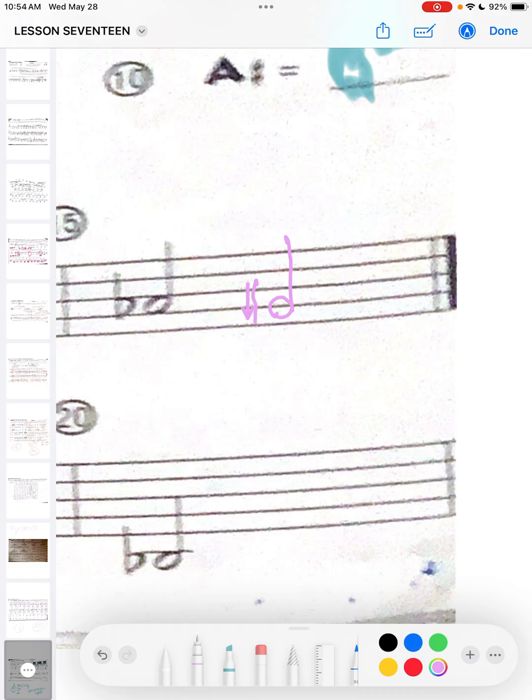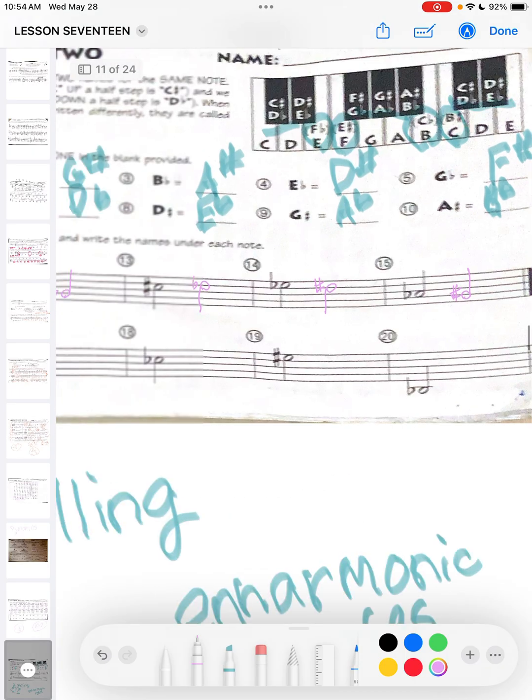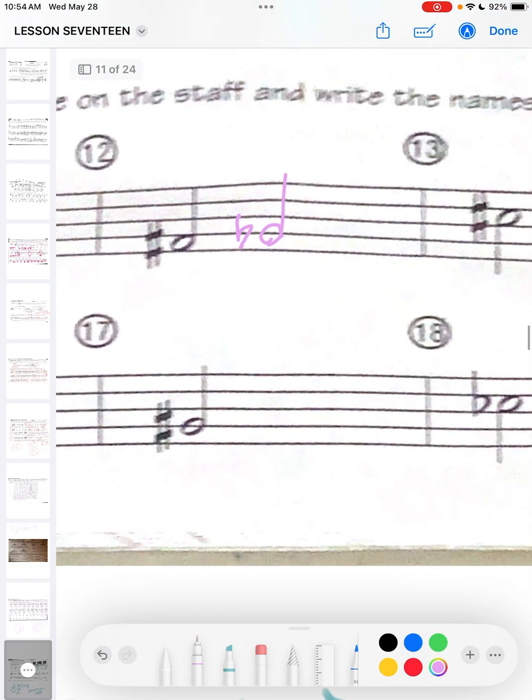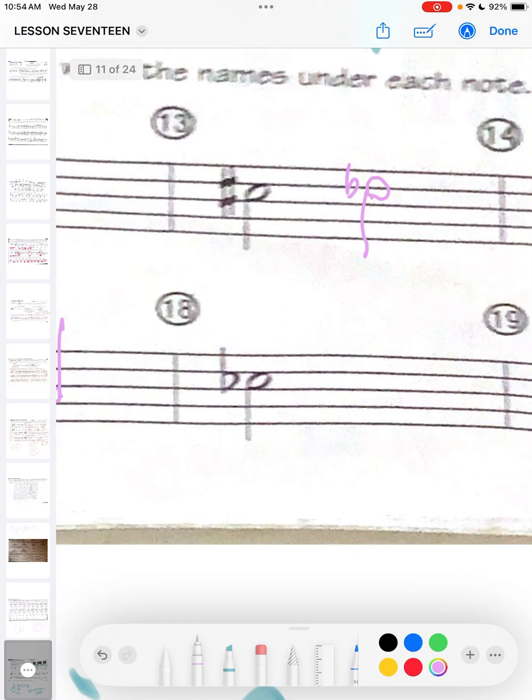Oh, and it's a sharp. Alright, I'm going to the bottom one, so I have A sharp and B flat, still going down, B flat, G sharp, and it still goes up, and that's an A flat on this note.